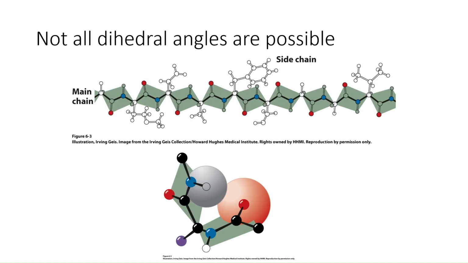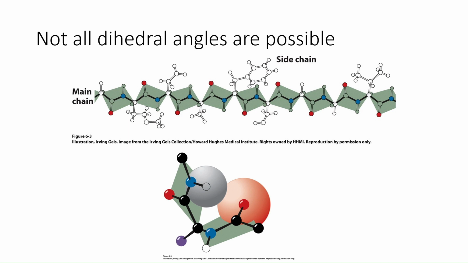Something to think about, as we've been leading up to: not all dihedral angles are possible, for a few reasons. One reason is steric clashes or just repulsion. On the bottom of this slide, we can see an impossible dihedral angle because of the backbone itself. You can see the lone pair from the amine nitrogen and the lone pair from the carbonyl oxygen are getting in each other's way.